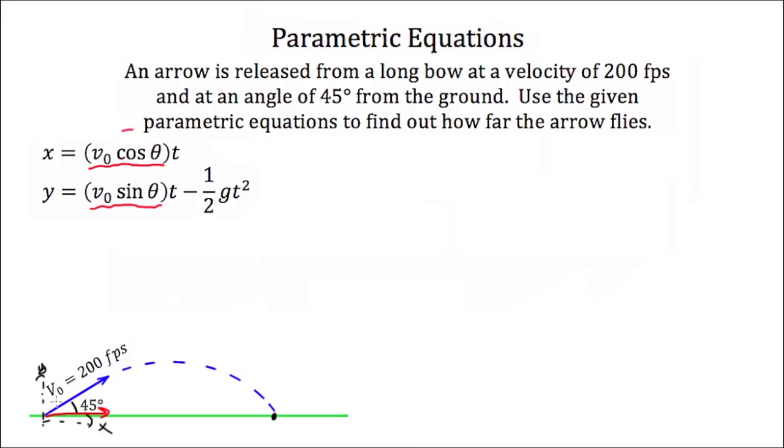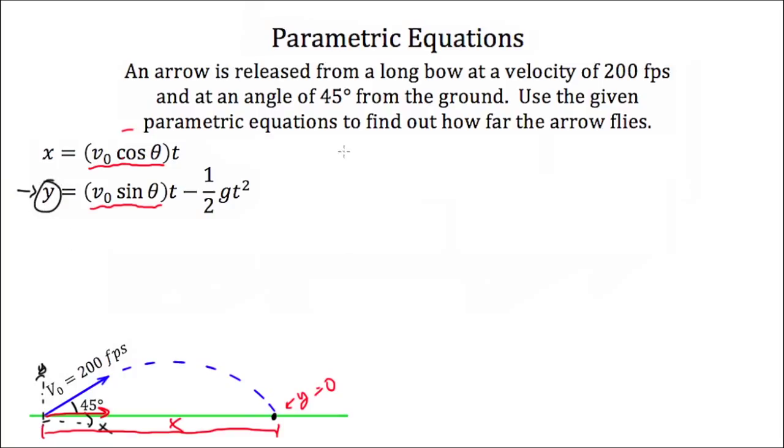So our arrow is going to go up in the air in the y direction and then back down until it hits the ground, which we say is when y is equal to 0. And what we want to know is this x distance. Well, let's take what we know. This y is equal to 0, and we're going to set this second parametric equation equal to 0 because y is equal to 0.